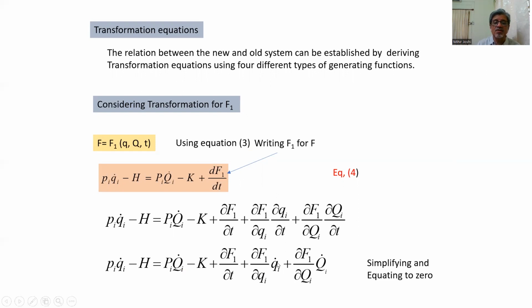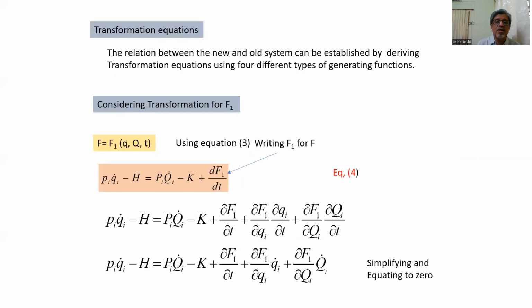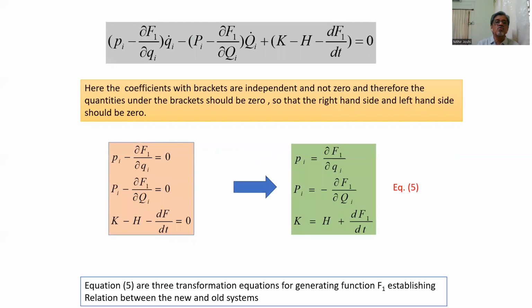So we are putting small q dot i and capital Q dot i for del qi by del t and del capital Qi by del t, and simplifying the equation and equating it to 0. So now bringing all these variables to the left-hand side and the right-hand side is equated to 0. So that is what we are going to do.